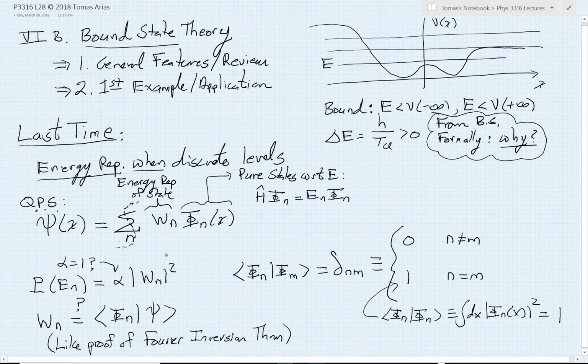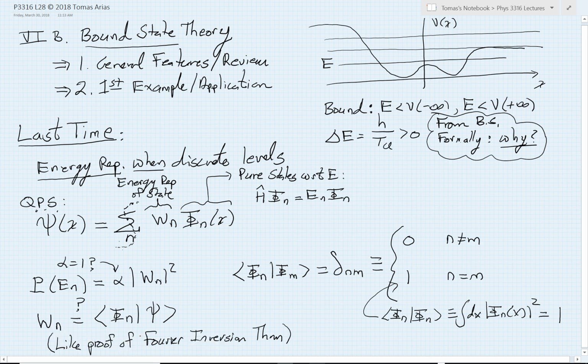In other words, how to go from knowing the wave function to knowing the coefficients. And our guess was that it would simply be equal to this overlap of the wave function whose coefficient I'm trying to find with the quantum state whose representation I'm trying to determine. Now, this conjecture comes about just from the same type of ideas that allowed us to prove actually the Fourier inversion theorem. It followed this exact chain of logic.